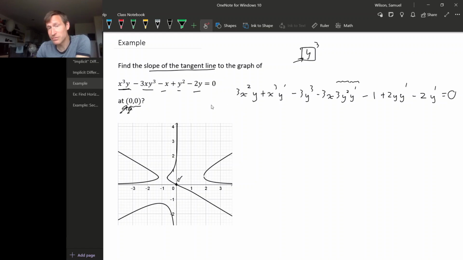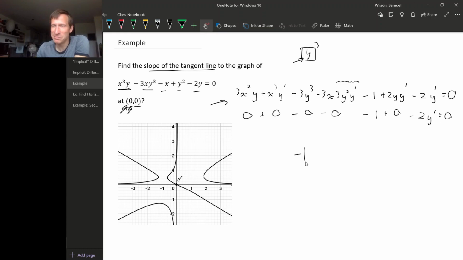So we've taken our derivative, so now we can plug in our point (0, 0). And that's going to make this way easier because most of these terms disappear. So we get 0 plus 0 minus 0 minus 0 minus 1 plus 0 minus 2y prime.